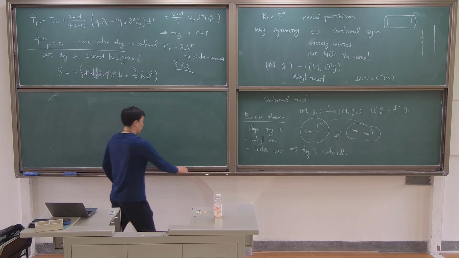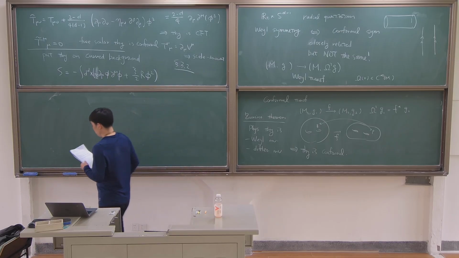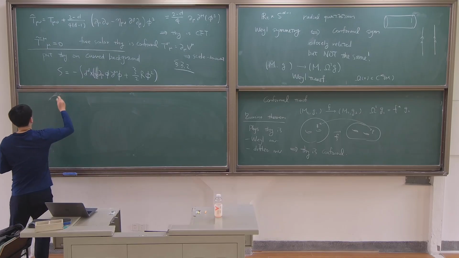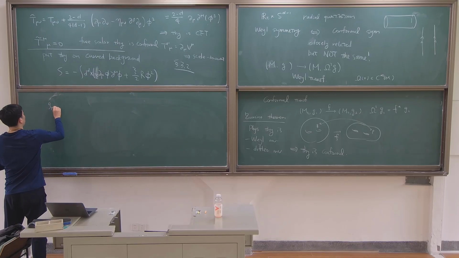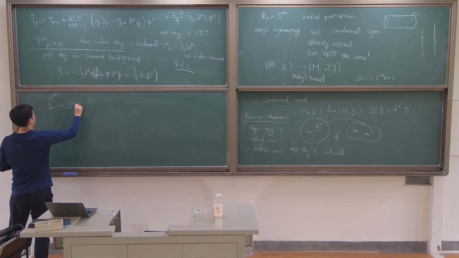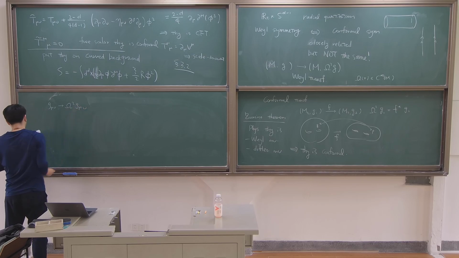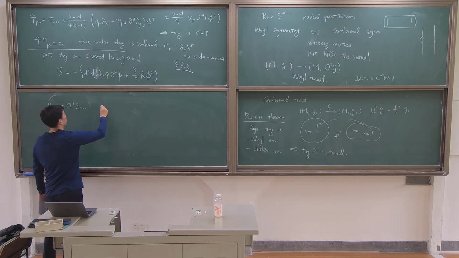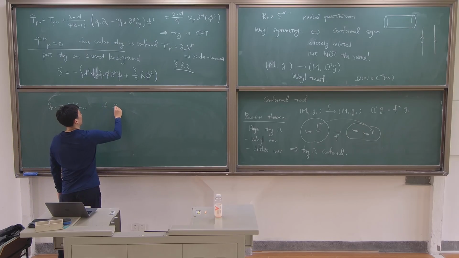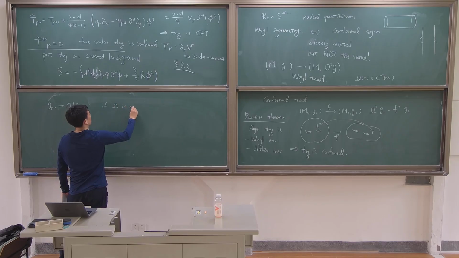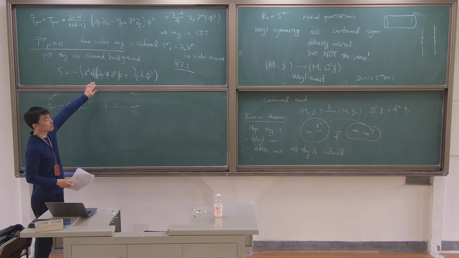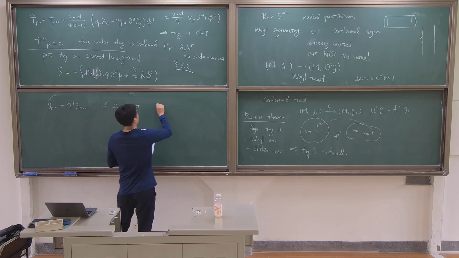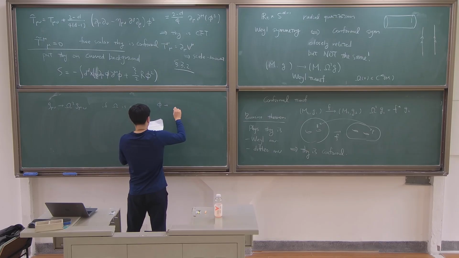So if the metric G mu nu is transformed this way, then for the action to be invariant, if omega is constant, then to be action invariant under Weyl transformation, the phi should be transformed this way.